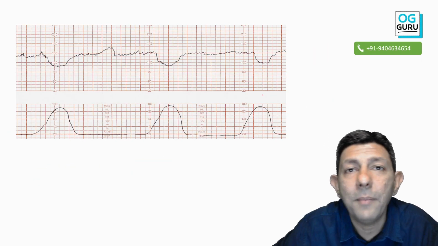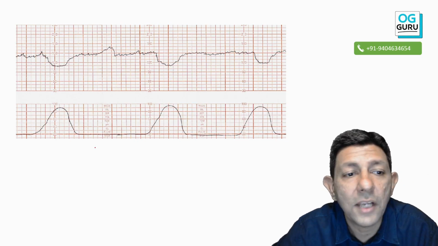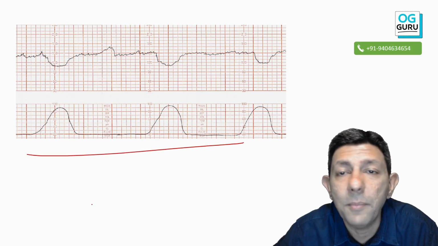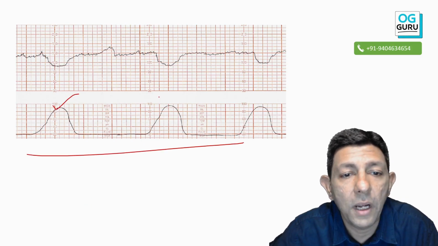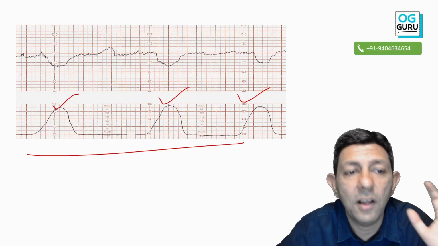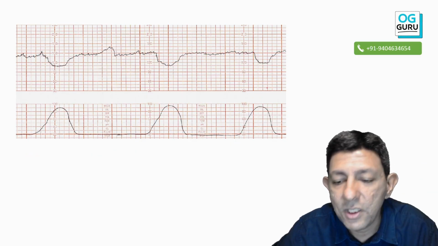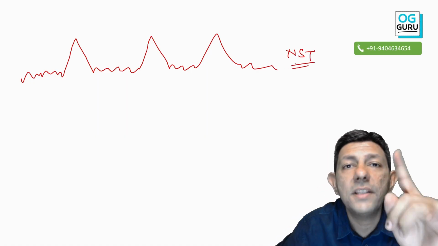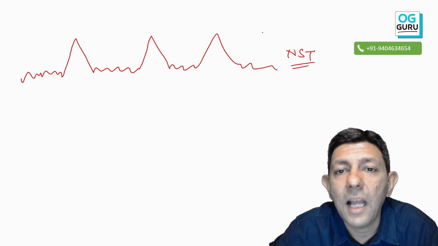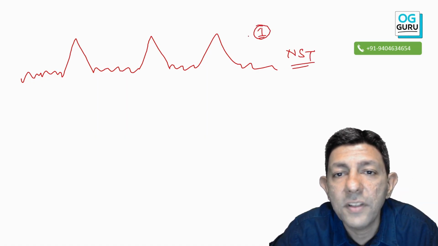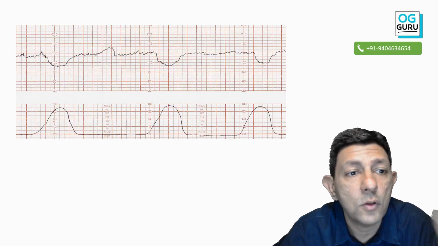So we can make out, if I ask you how many contractions, suppose I tell you this is 10 minutes. How many contractions? Sir, 1, 2, 3. PG level knowledge, okay. So please understand this, sir, in NST you will only see one graph, which is the baby heart rate, and you will also know the baby heart rate.